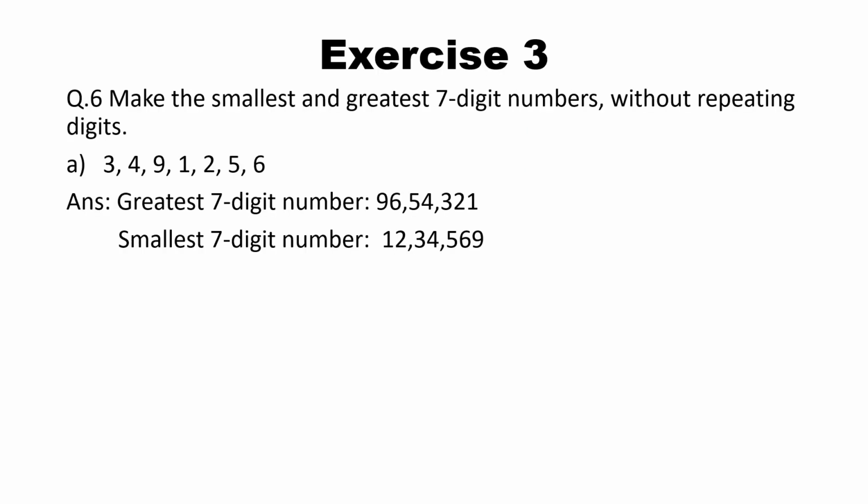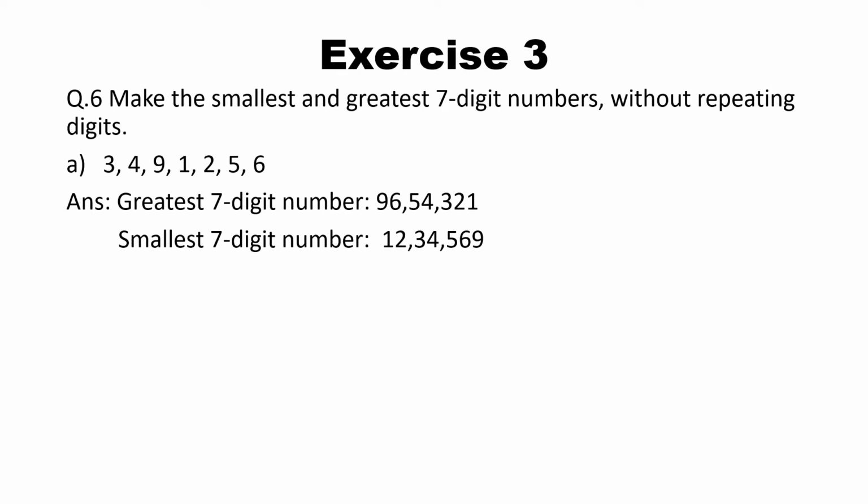We have to make the smallest and the greatest 7-digit numbers without repeating the digits. So while writing the greatest number, we always write the greater number first. So here we can see 9, then 6, then 5, then 4, then 3, then 2, and then 1.